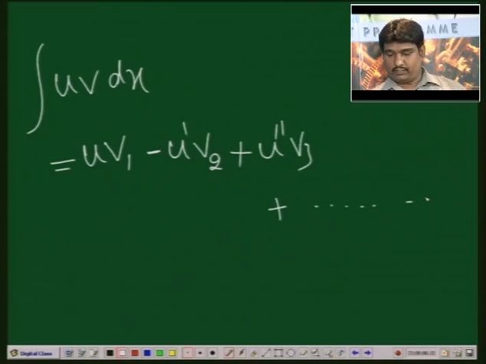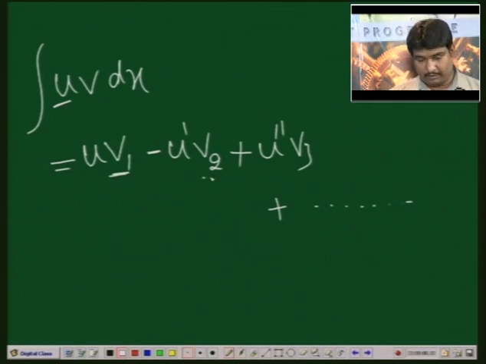Of course, this is never ending if u is some trigonometric function, as derivatives of any order exist. So this method is suitable when u is a polynomial, so that a certain order derivative becomes constant and all higher order derivatives after some stage become 0. That is, if u is a polynomial of degree n, its nth order derivative will be constant, and all derivatives of order greater than n are 0. So it's best suited when the first function is a polynomial and the second one is, of course, easily integrable.